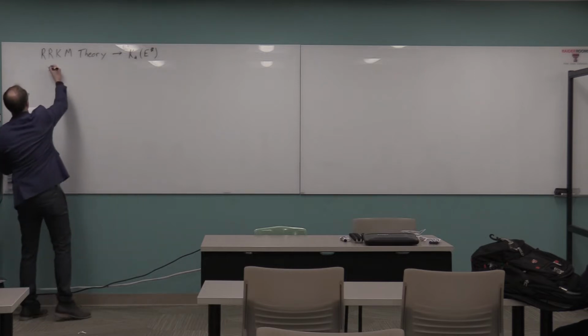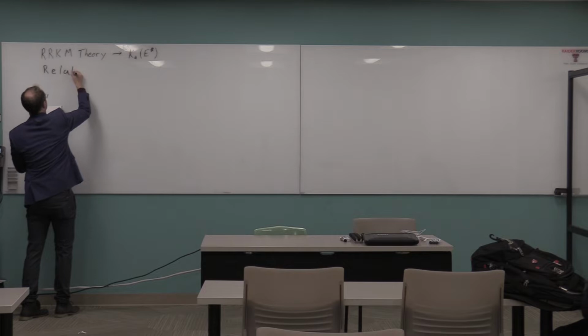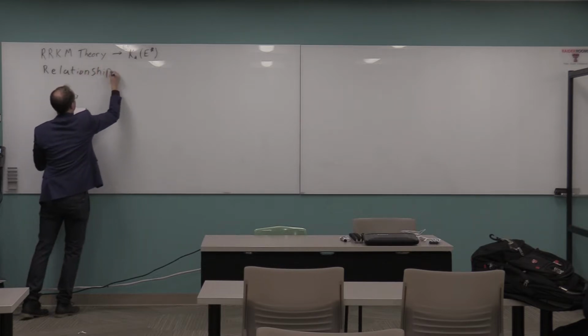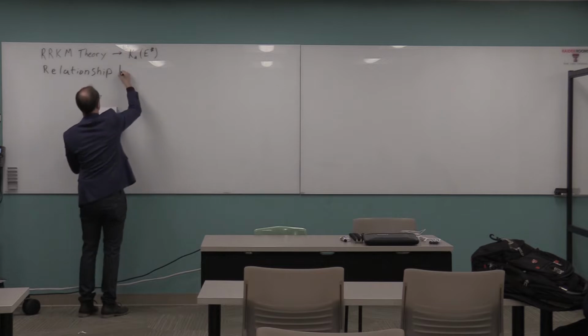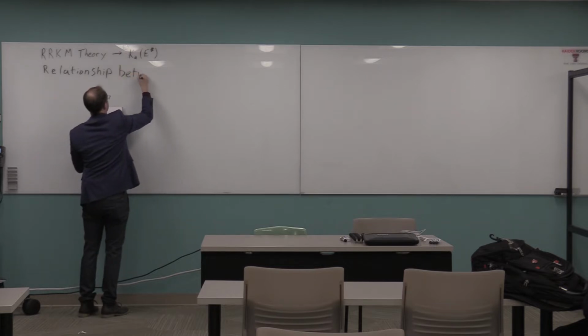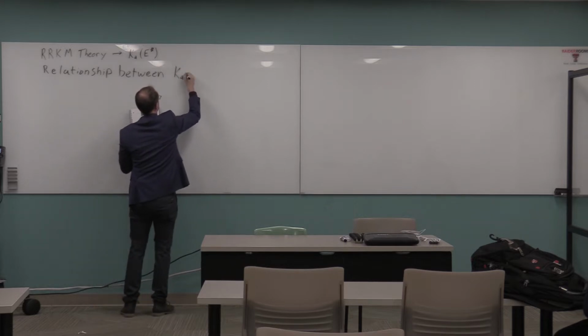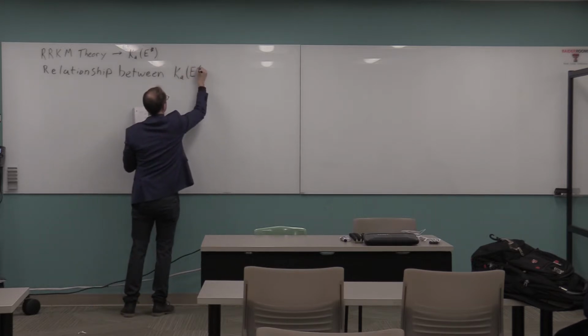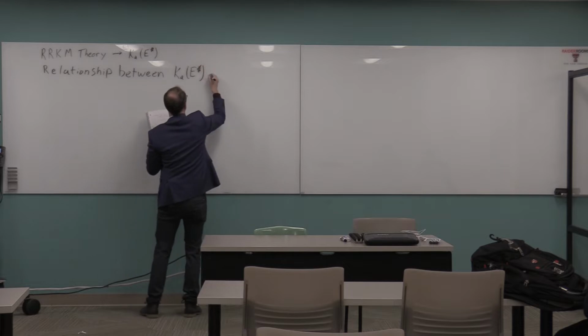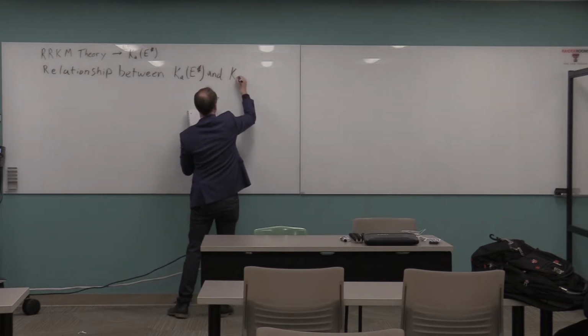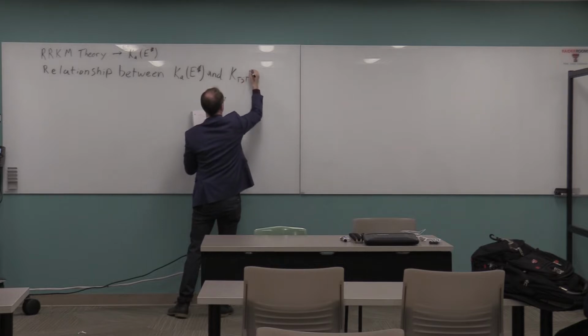So what is the relationship between the RRKM rate constant and the thermal rate constant, which we got using transition state theory?